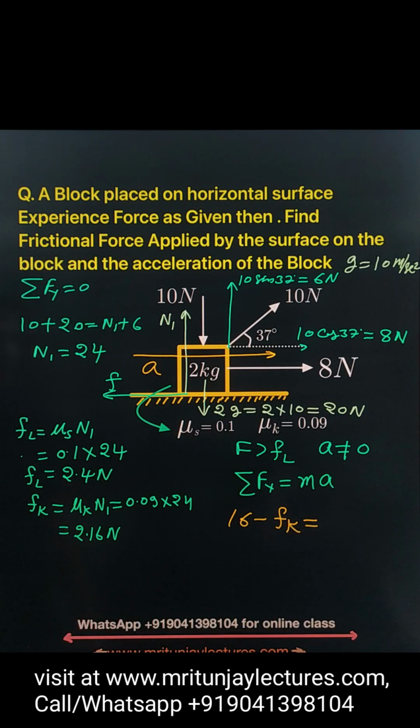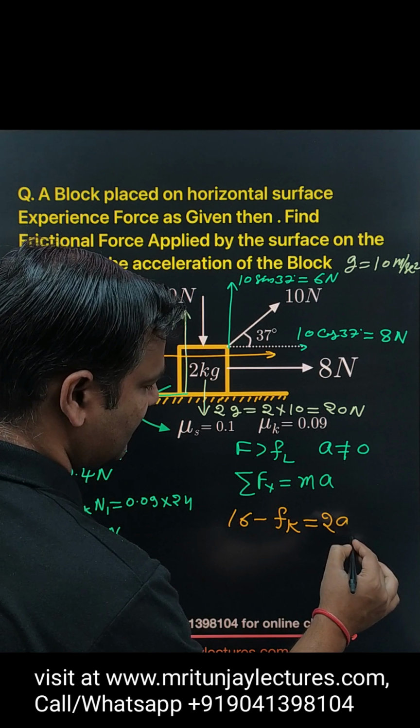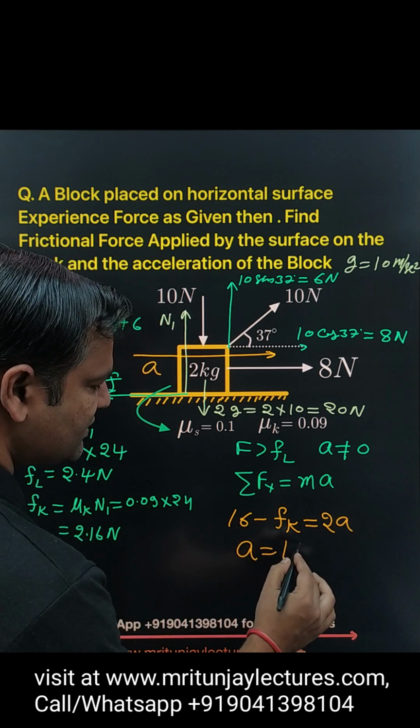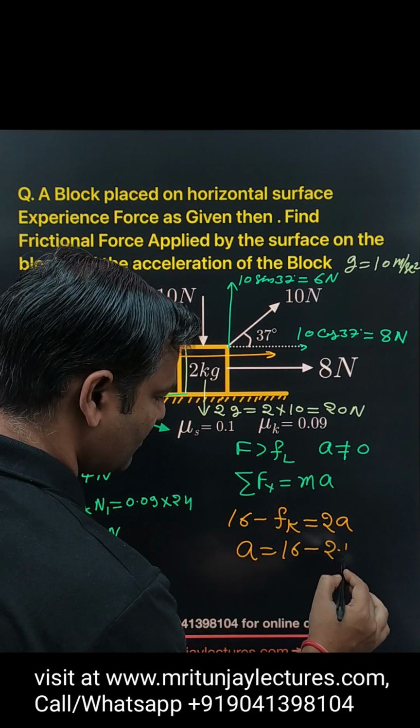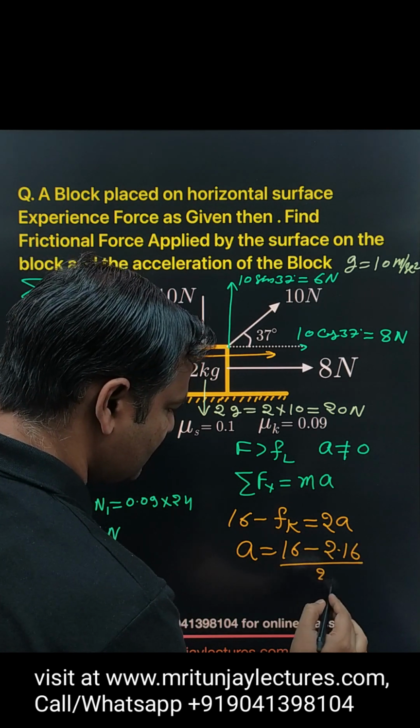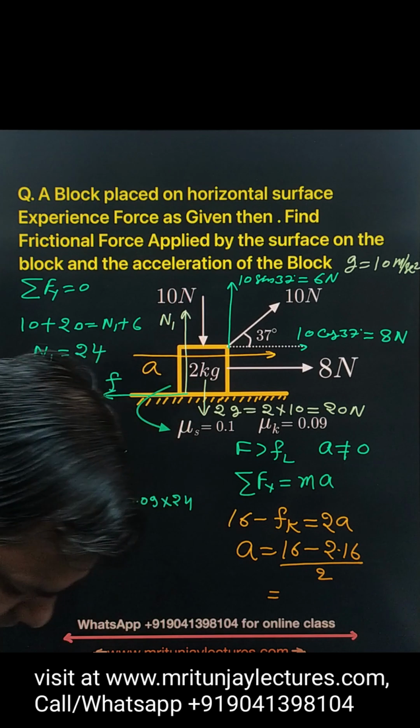Kinetic friction force, so that's why written Fk. This is equal to mass, mass is 2, acceleration is A. So what about A? 16 minus Fk. Fk is how much? 2.16, divided by 2.